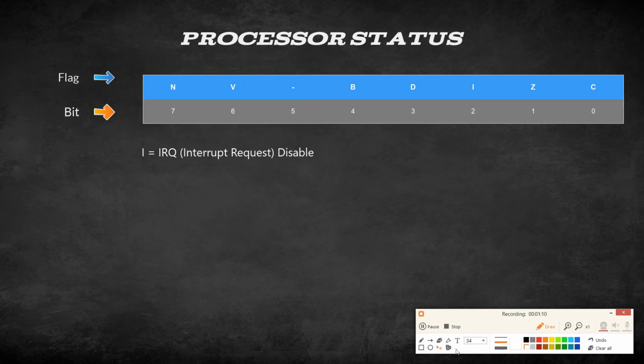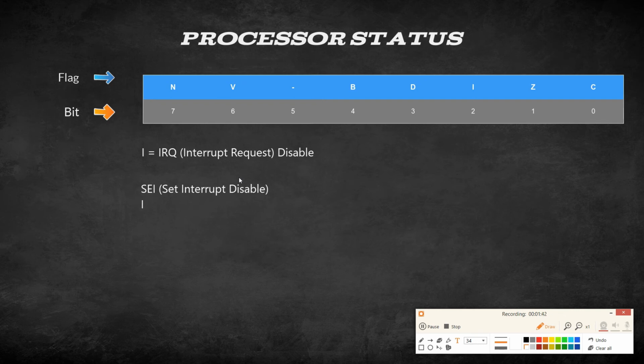Let me type it over here. So there, you're going to use the SEI. It's the mnemonic for set interrupt disable. You're going to use that at the beginning of your code if you have something that you think is really important and you don't want any interrupt requests sent.